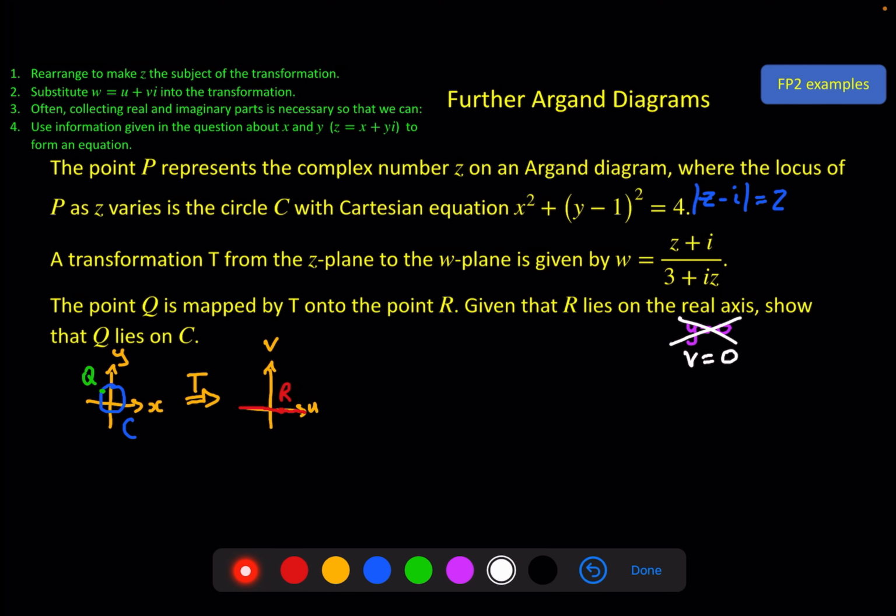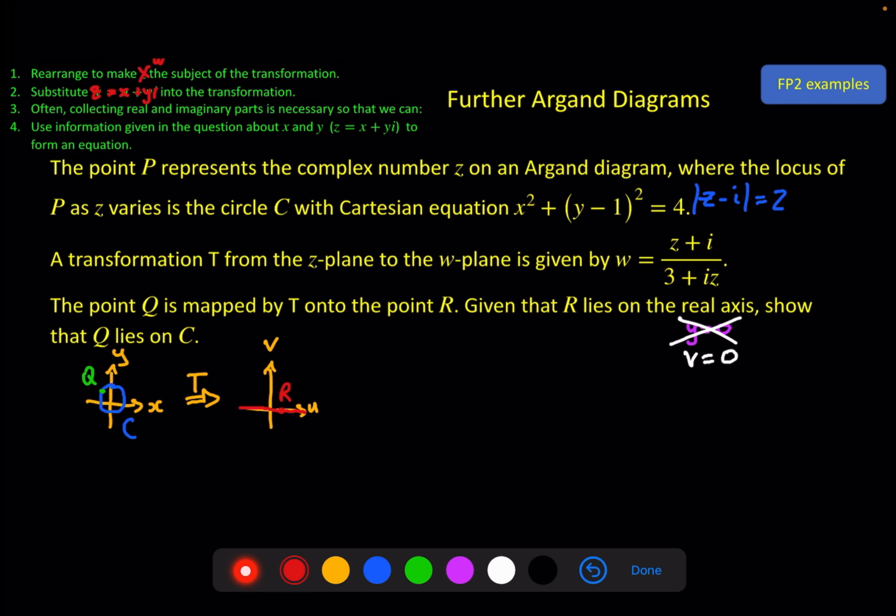So compared with all the other examples, this example is kind of working backwards from the w plane to the z plane. What that means for our method is that we don't rearrange to make z the subject, we rearrange to make w the subject, which is kind of nice because w is already the subject. Then we don't substitute w equals u plus vi into the transformation, we substitute z equals x plus yi.